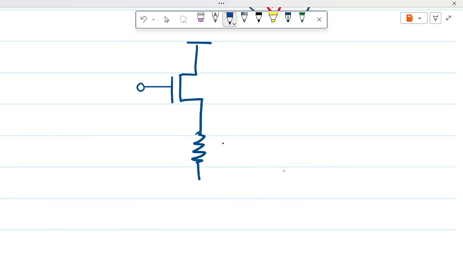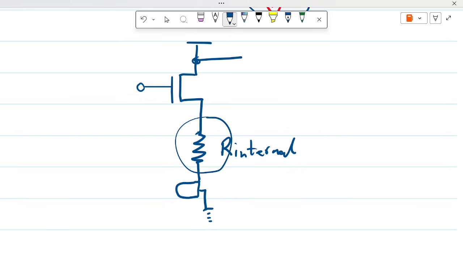So this is our internal resistance, R internal, before our signal comes in. And we take our output from here. So looking at this carefully, we could see that this resembles some form of degeneration created by the internal resistance of the microphone.